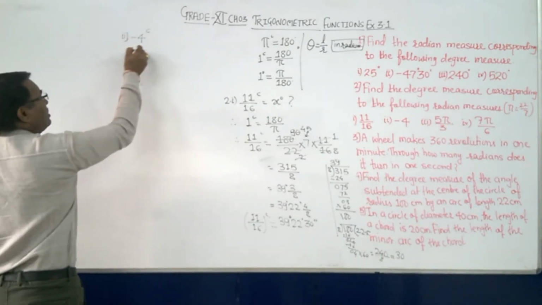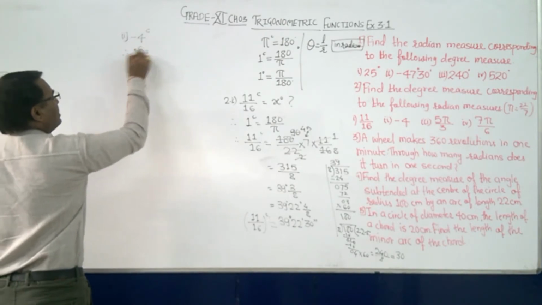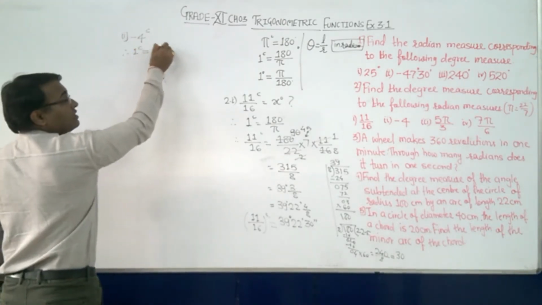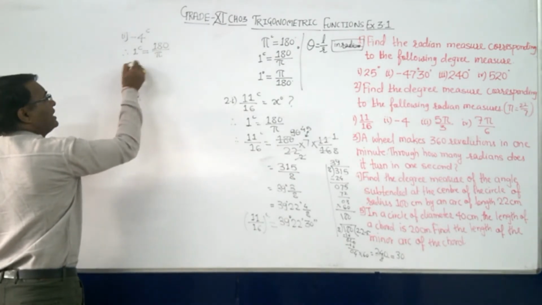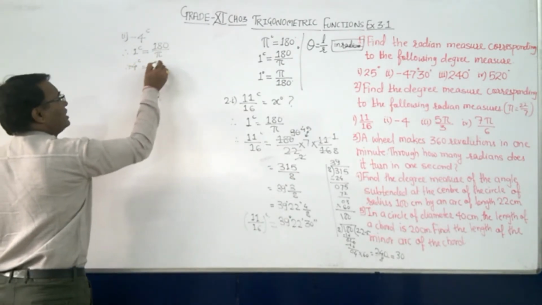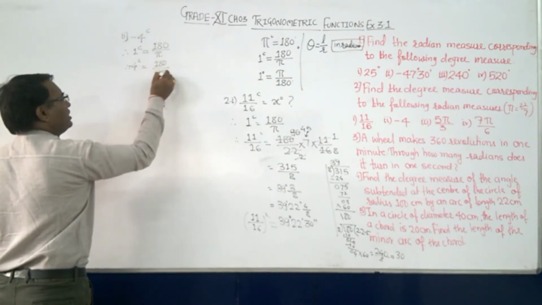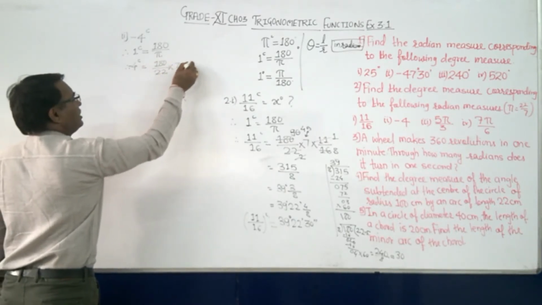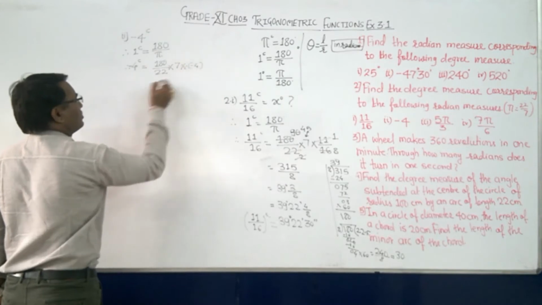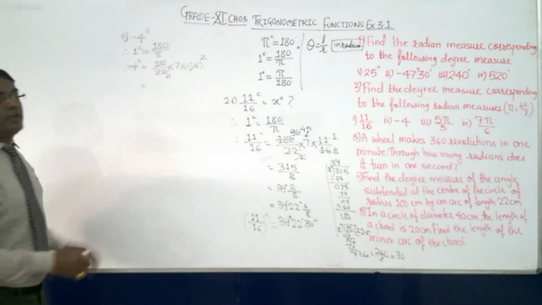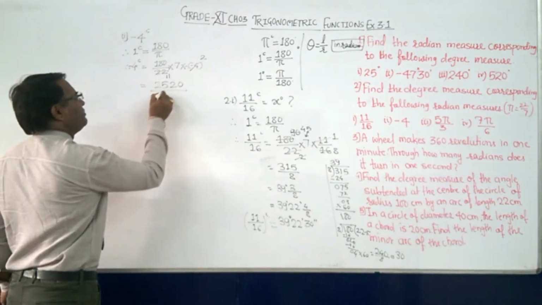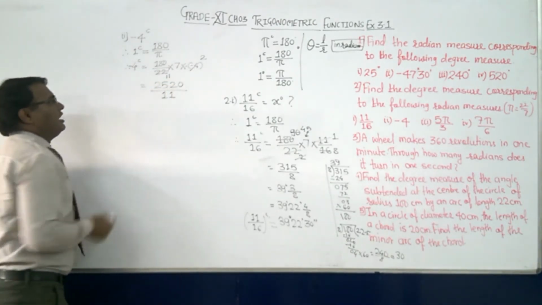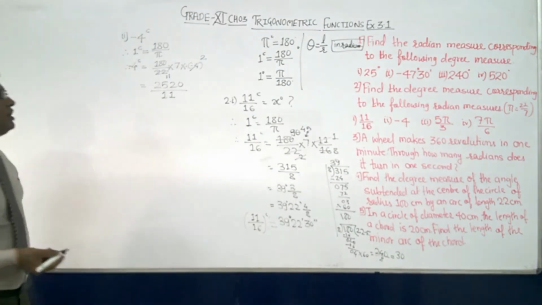Radians. Therefore 1 radian is equal to, we know, 180 upon pi. Therefore minus 4 radians will be 180 upon 22 into 7 into minus 4. So the complete calculation will be 2520 divided by 11, and then you have to again divide it.